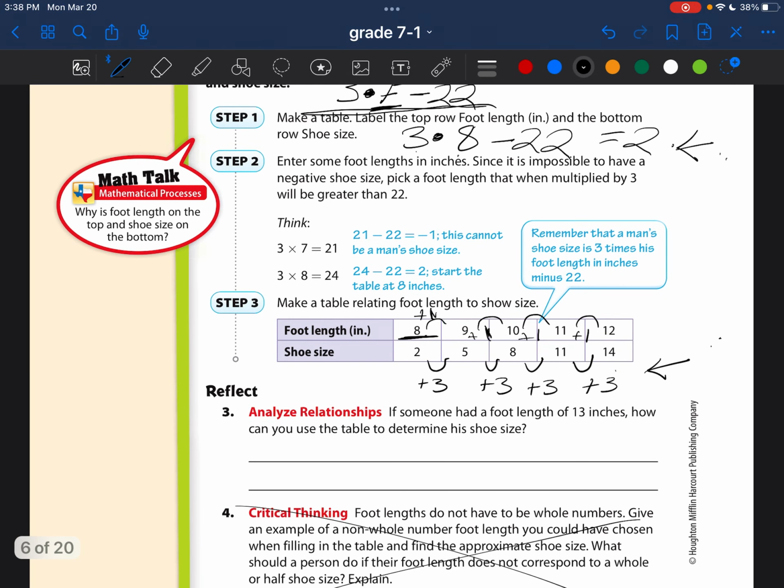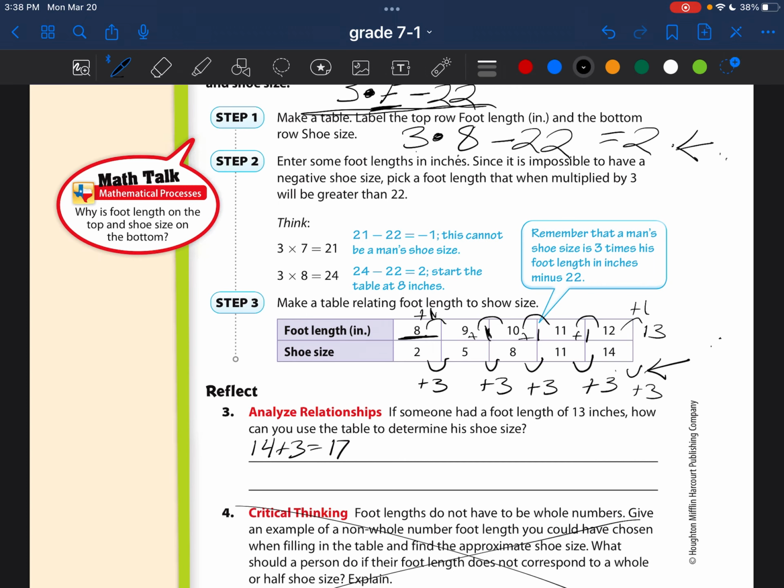If someone had a foot length of 13 inches, how can you use the table to determine his shoe size? Well, we could easily just add one more, put a plus 1 right here, and add 3 more. 14 plus 3 is 17.